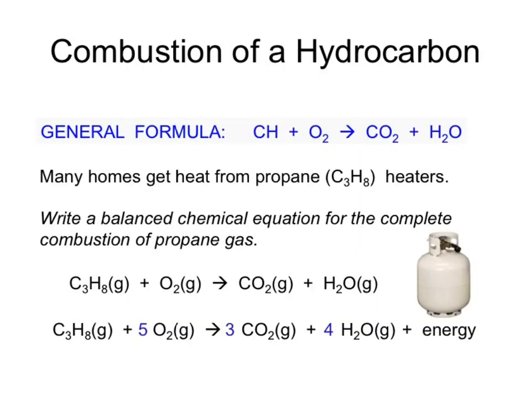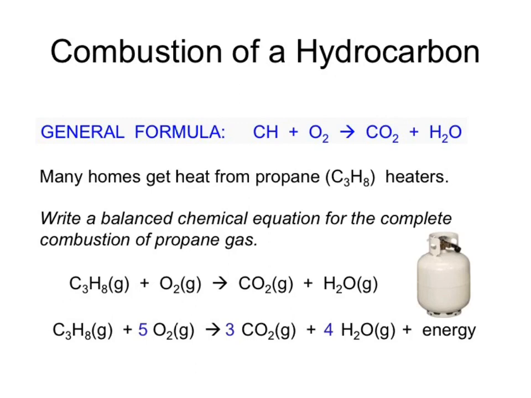So why do we care about stoichiometry? If I have a hydrocarbon, propane, if you live in a rural area, they use propane heaters to heat their houses. This is the equation: propane plus oxygen gets me carbon dioxide and water, which is combustion.